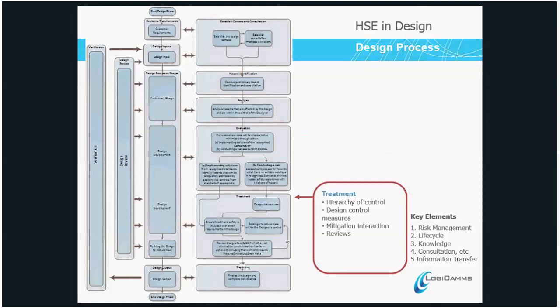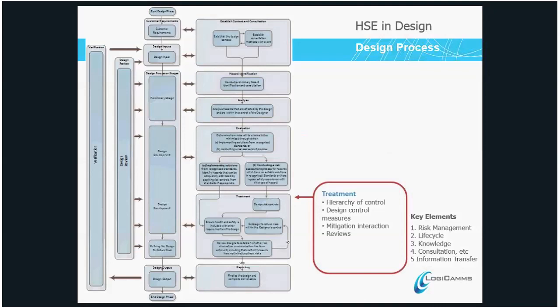And in that process, we need to make sure our reviews are done as well, so that we understand that if we implement a certain mitigation strategy, that it's not going to introduce a further risk that was previously not identified because of the solution that we were previously looking at. So there's a bit of a cycle process there, I suppose, to go through to make sure that we fully understand all the risks associated with the design. We haven't introduced any new ones, and that we can close those out.